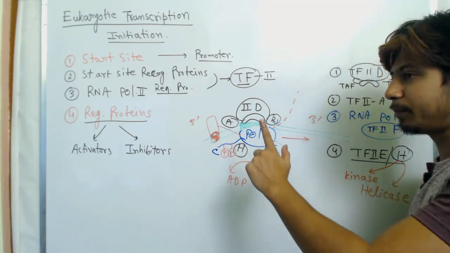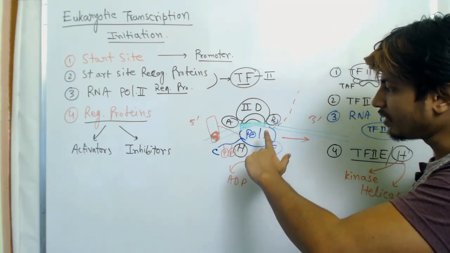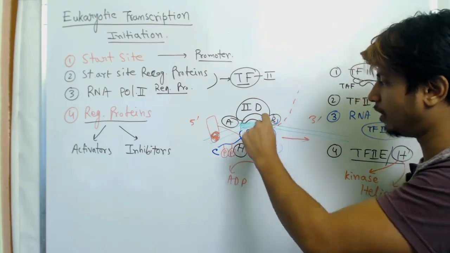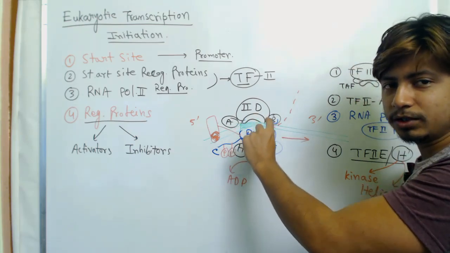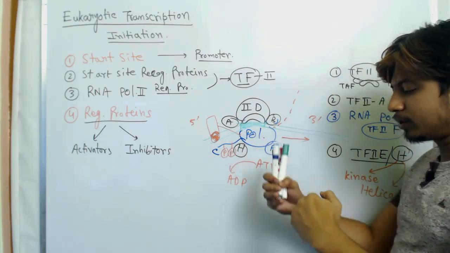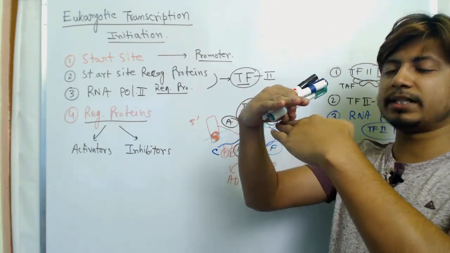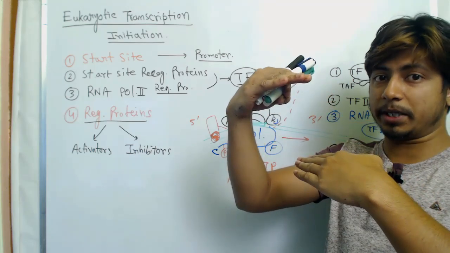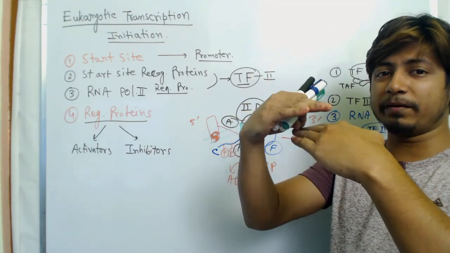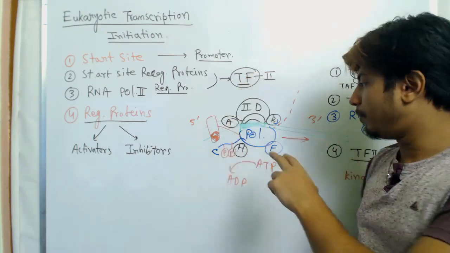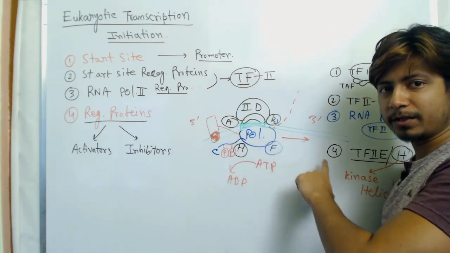On the other hand, it can prevent the melting of the promoter region. This melting is required because, while the polymerase is bound to the promoter, both the strands are joined together, so we need to separate the strands. This melting can be prevented, because without melting, polymerase cannot initiate the process of transcription.